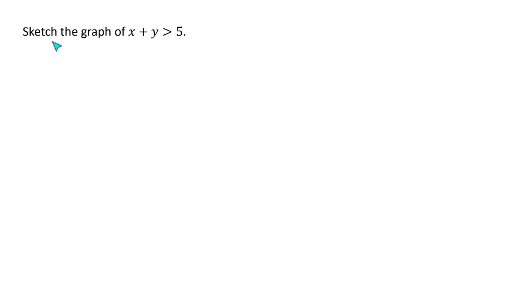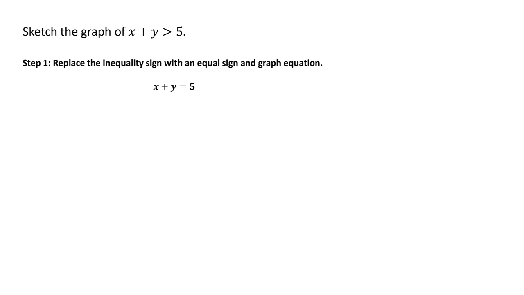So for this example, it says sketch the graph of x + y > 5. The first thing we're going to do is replace this inequality sign with an equal sign. Then our next job is to graph this equation, and we can use any method.